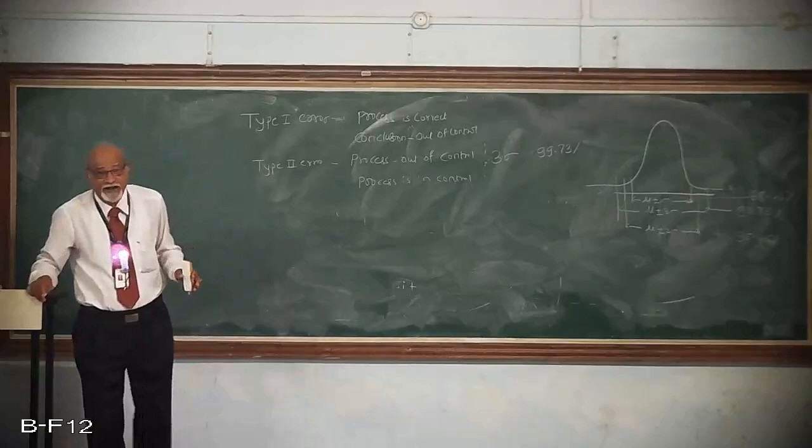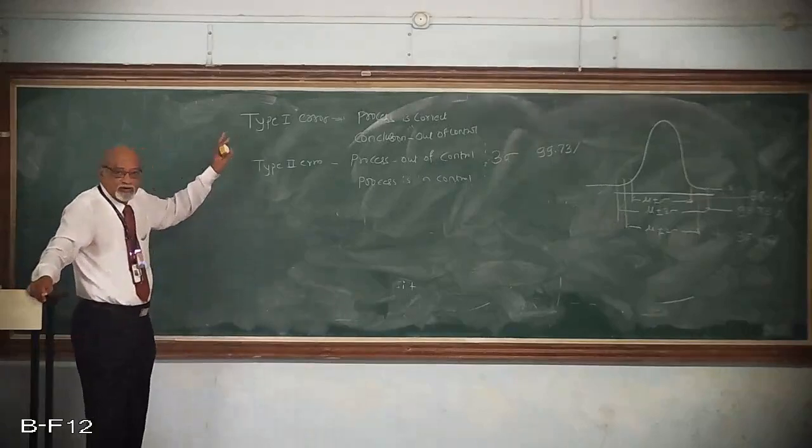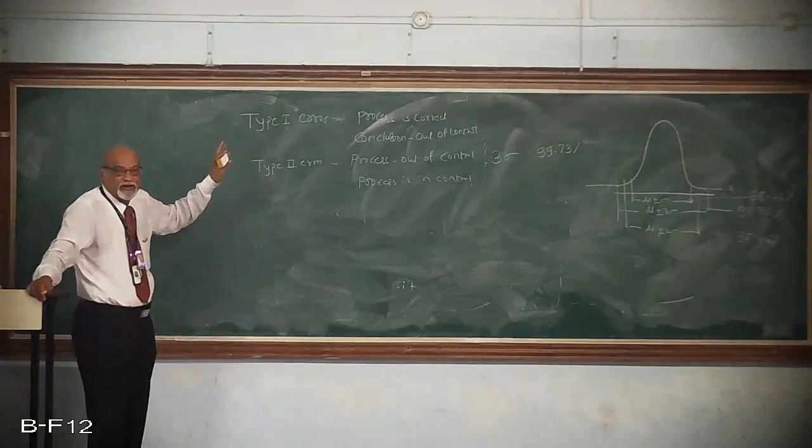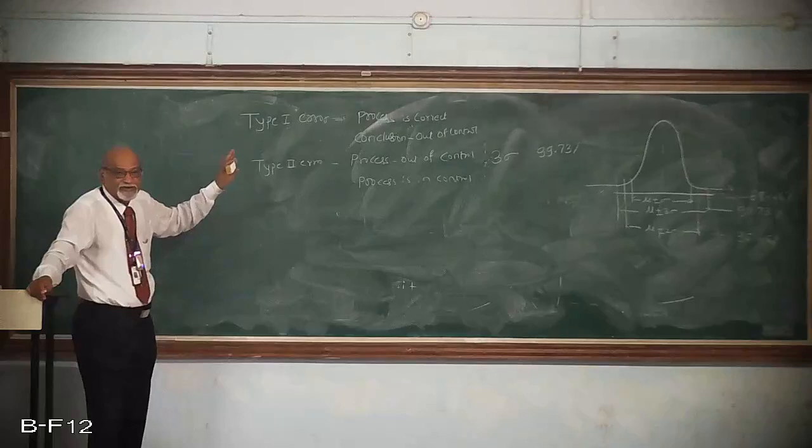So if I adopt 3 sigma control limits, the probability of committing type 1 error is 1 minus 99.73%, or it is only 0.27%. I can commit that error.